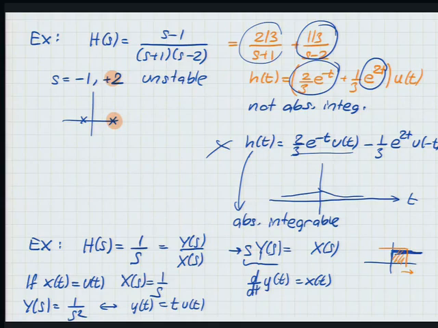So if you want to show instability, you're just looking for one input. There may be other bounded inputs that will somehow keep the output bounded. That doesn't matter. If there's one bounded input that keeps it unbounded, you're unstable. And that's exactly the case here, right? So if my transfer function is 1 over s, if I'm integrating, there are other inputs that are bounded that will keep the output bounded, right?